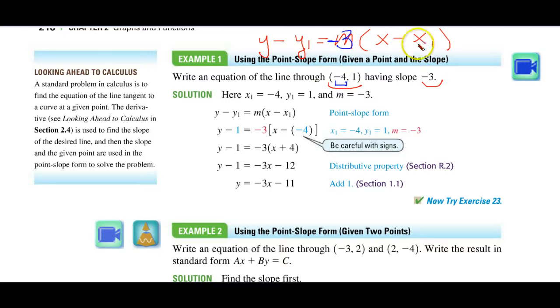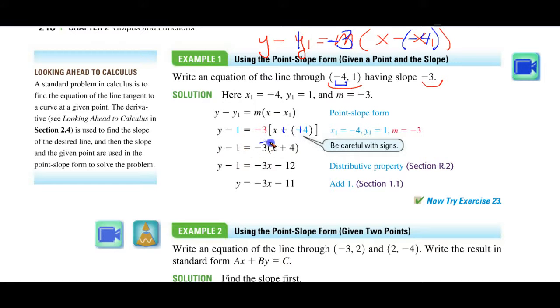Now notice in the formula there is a negative. So as we put the x value in, we have to put a negative 4 there. And we'll see the reversal of the sign. And here this is just a 1. So this is what they've done. Watching the sign, this will become positive.